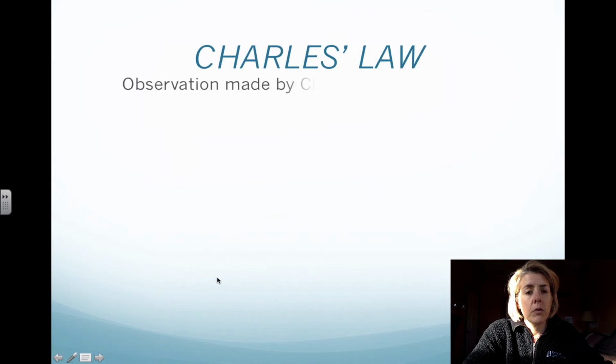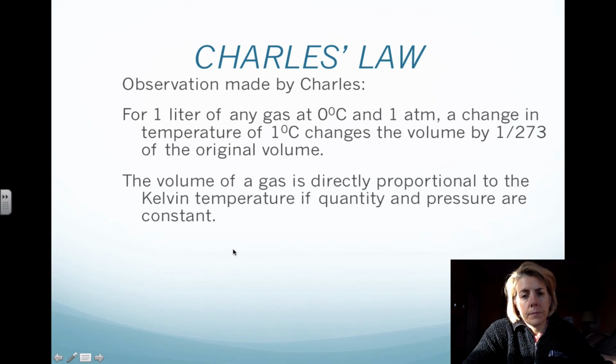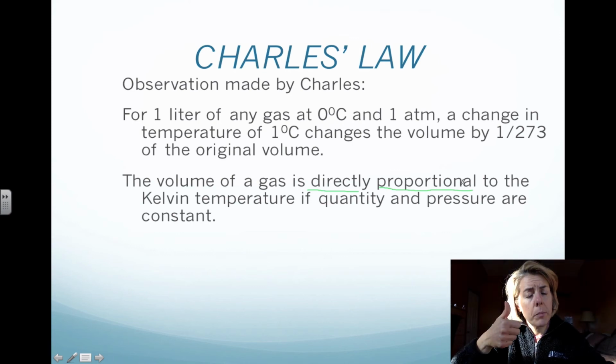What does this mean? With Charles' law, he noticed that if you have 1 liter of gas at 0 Celsius and 1 atmosphere of pressure, and you increase the temperature, you change the volume by 1 over 273 of the original volume. So as you increase temperature, you increase volume. This is different from Boyle's law. We're talking about a direct proportional change.